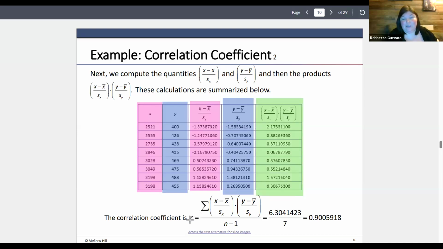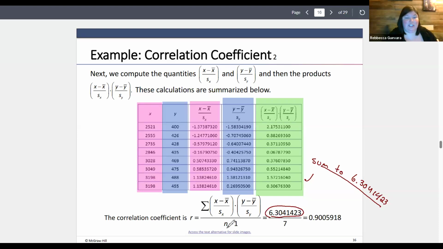Because what my formula requires to find R is the summation of the products of your X minus X bar divided by the standard deviation of X, times your Y minus Y bar divided by the standard deviation of Y. So once I do this summation, this data would sum to 6.304143, which we have right here.